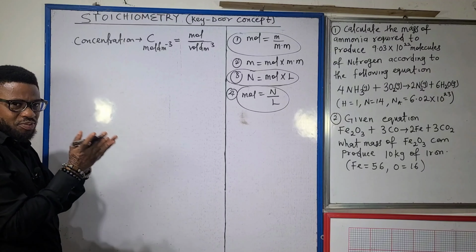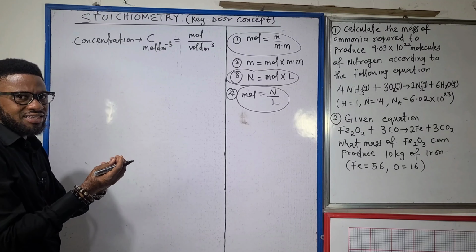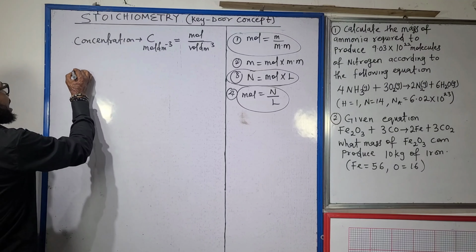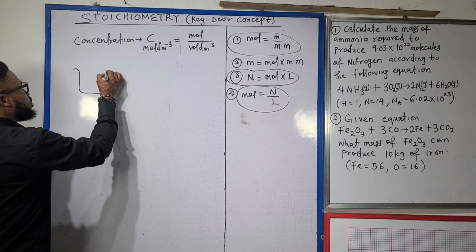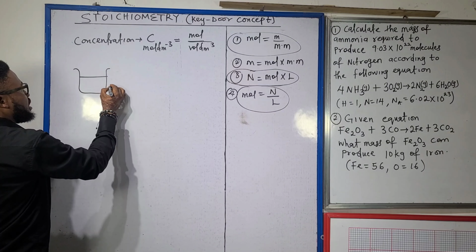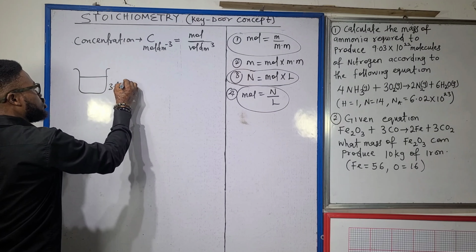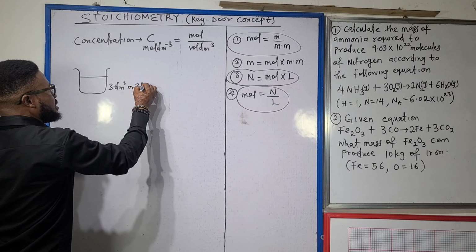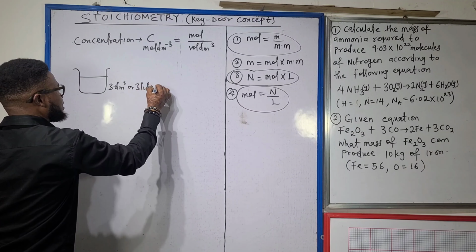Let me put that down and explain things in ordinary conversation. Let's assume we have a solution this way, and let this be 3 dm³, or what we call 3 liters. It means the same thing.